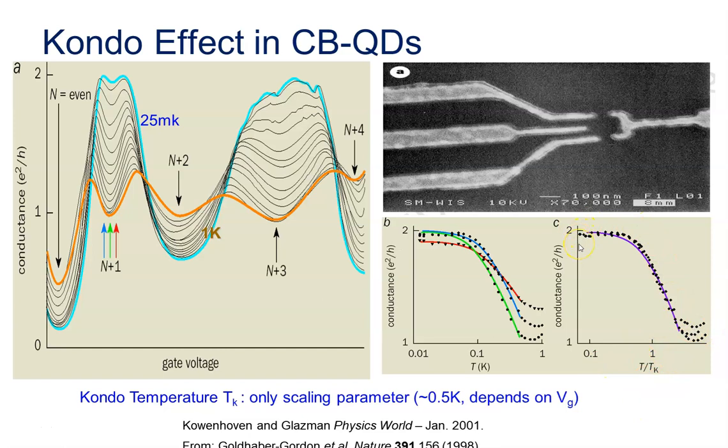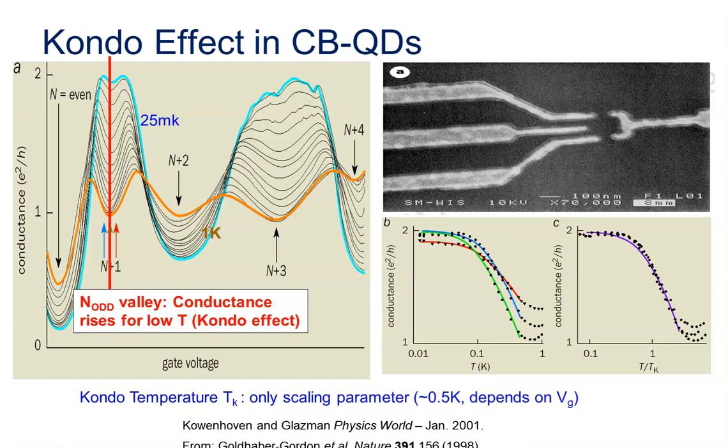And in fact, this curve here represents a calculation using NRG. This has been seen in other experiments throughout the years, and not only in quantum dots but other systems as well. And it is a very nice and clean application of what we have seen in terms of the transport properties of the Anderson model that we can calculate in linear response.